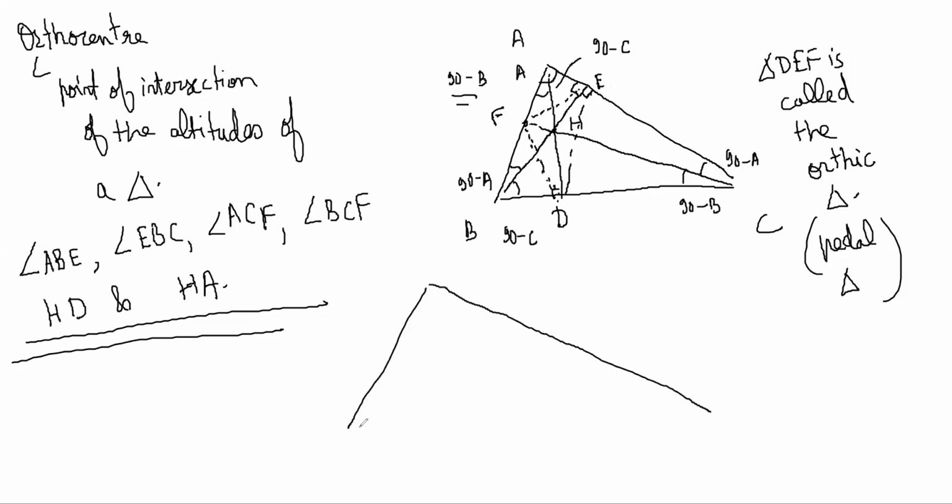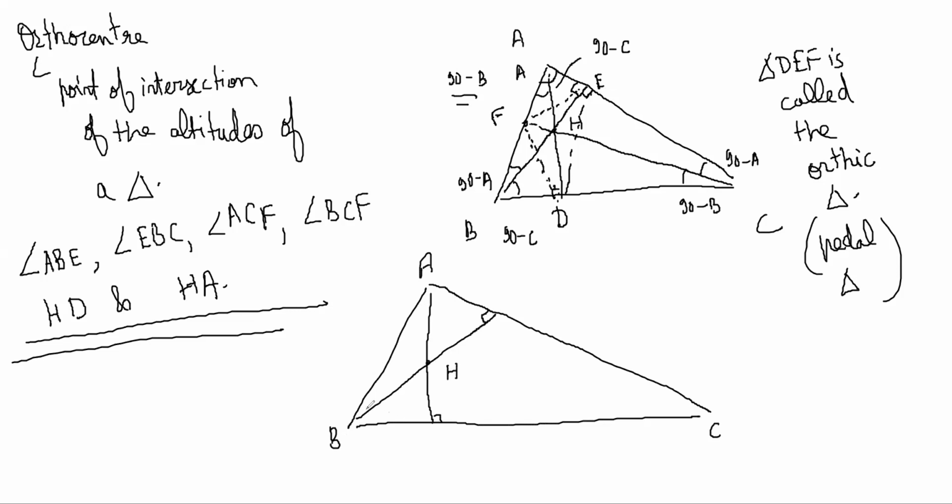Right. So we had a perpendicular from here, and this is perpendicular, and we had this perpendicular. This is A, B, C, and this was my H, right?